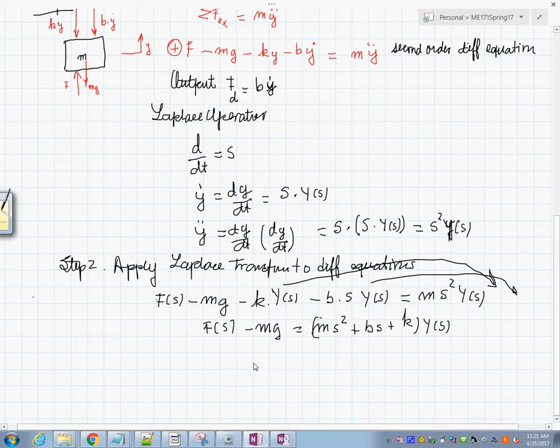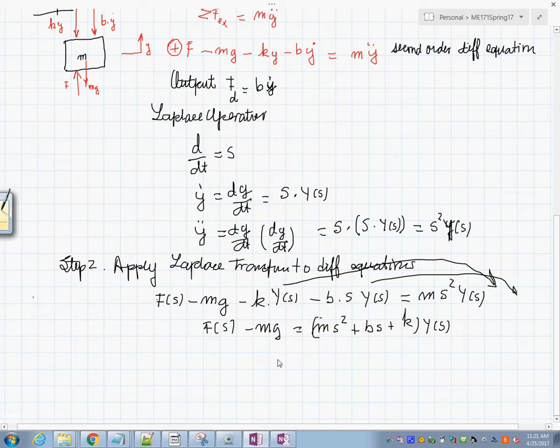So, isn't it true that F of s is the force, which relates to the displacement over here? Okay, so we have applied the Laplace transform.